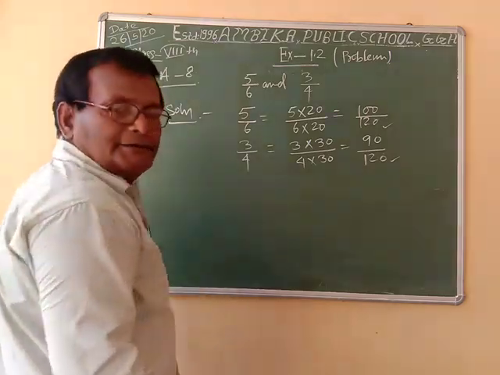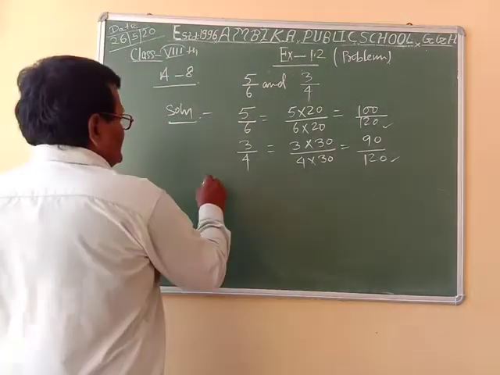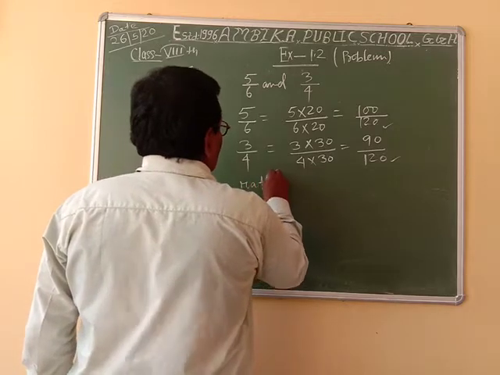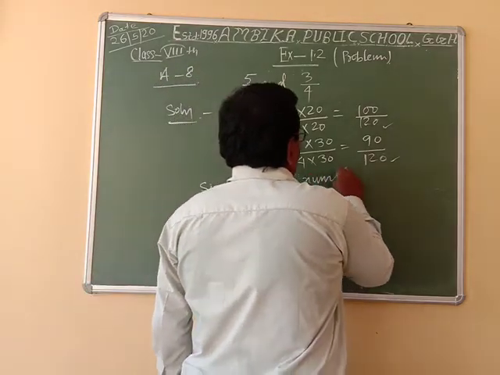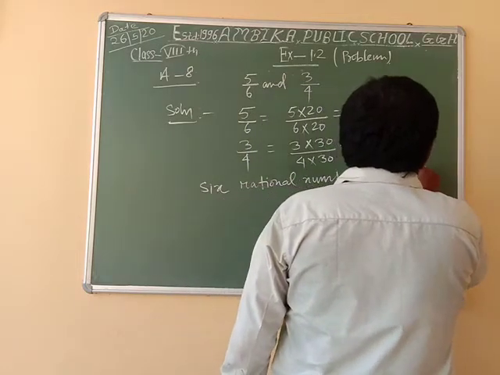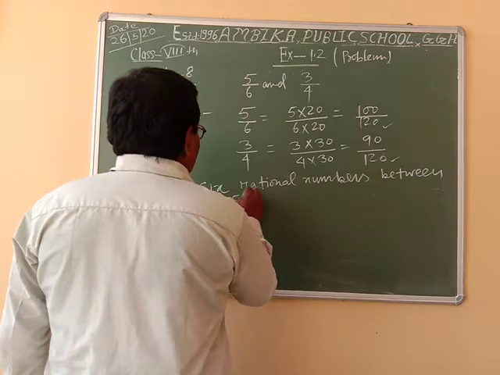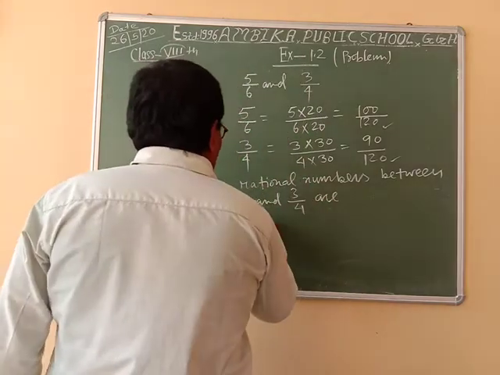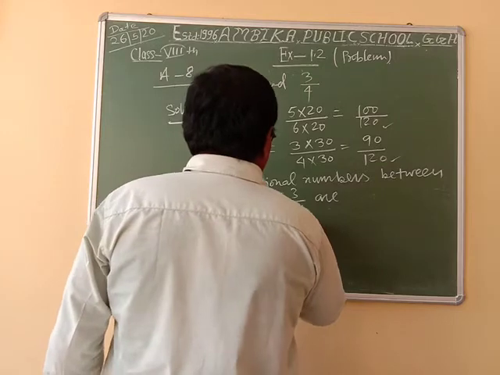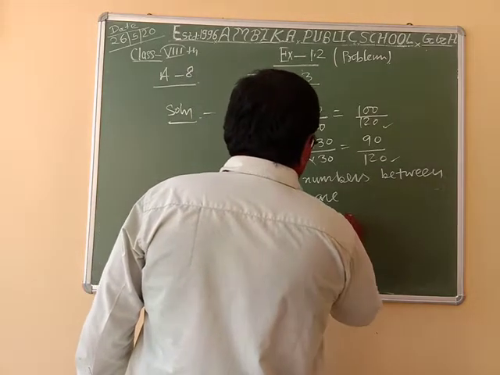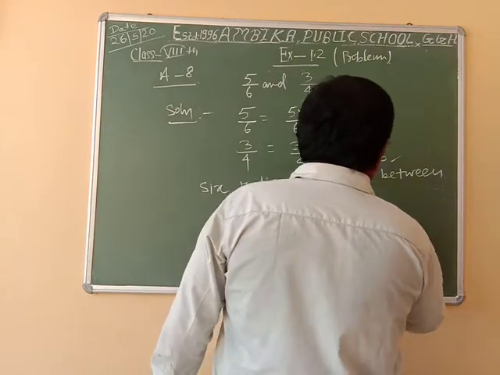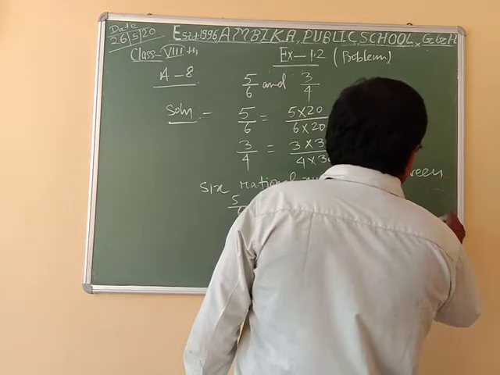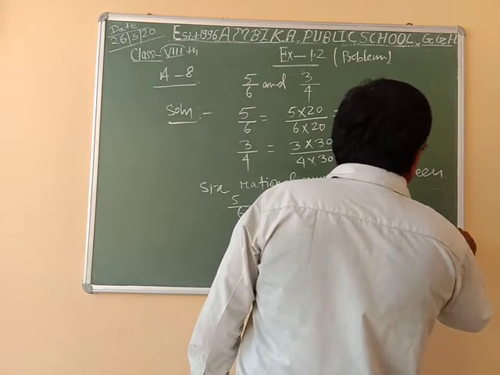now six rational numbers between 5 by 6 and 3 by 4 are 91 by 120, 92 by 120, 93 by 120, 94 by 120, 95 by 120, 96 by 120.